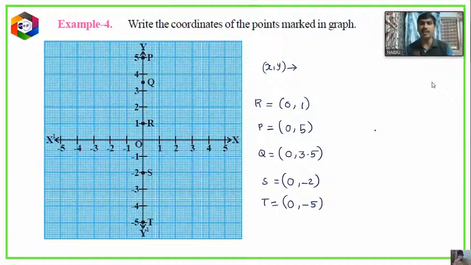What will be the general form of any point which lies on the y-axis? As we know, if it lies on the y-axis, the x direction distance must be 0. So the x value is 0. Y will be something we don't know, any value: in the positive direction 1, 2, 3, or in the negative direction 1, 2, 3. Since it is a general format, I'm going to write it as (0, y).